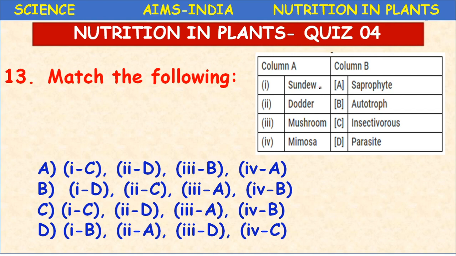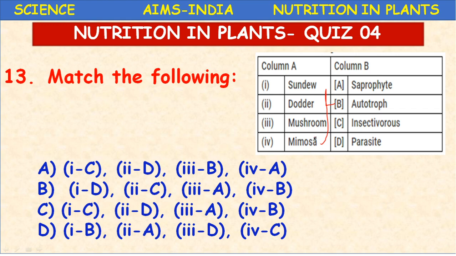Mimosa is a green plant, a mesophyte which lives on land. So it is an autotroph. Mimosa is an autotroph.